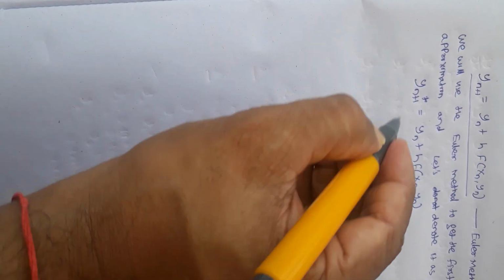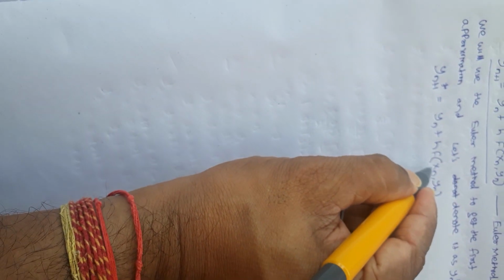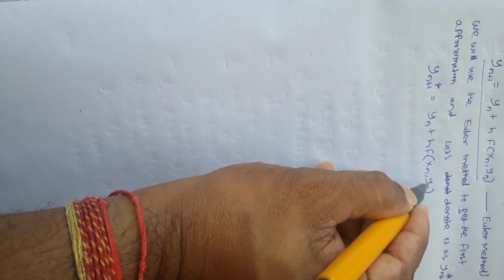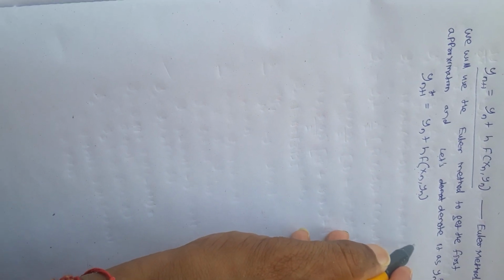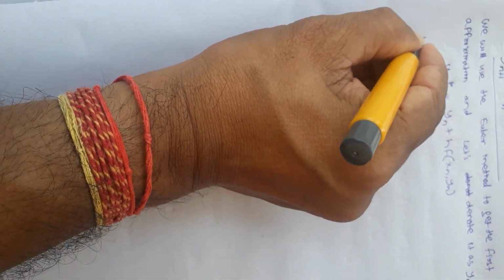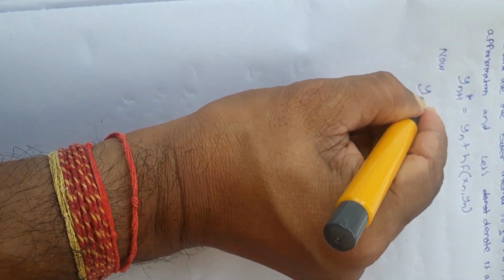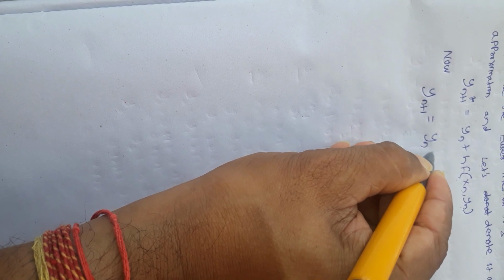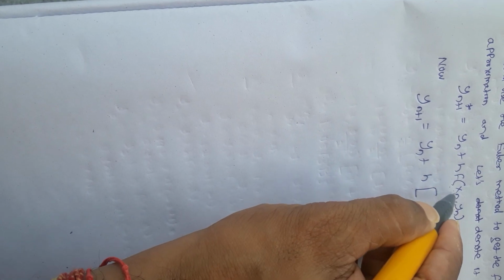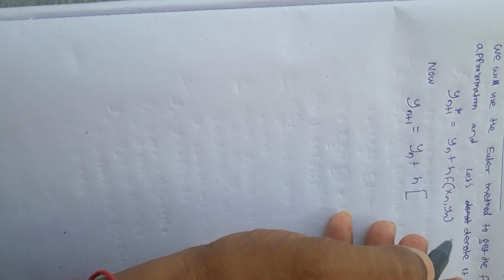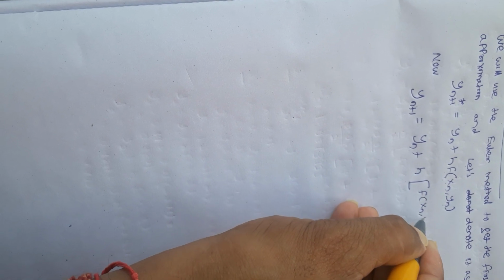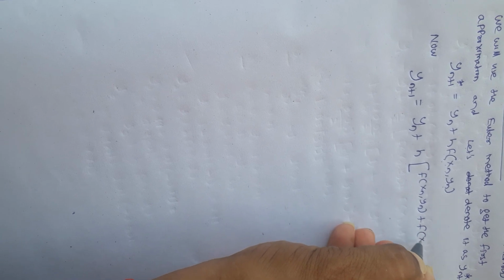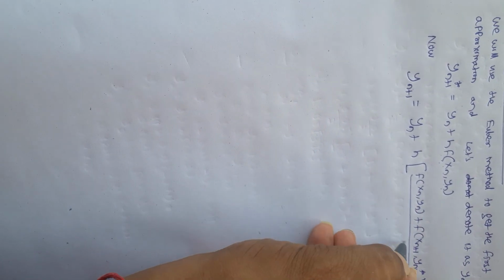So in the modified Euler method, the improved approximation, called y n plus 1, will be y n plus h into the average of f of x n, y n and f of x n plus 1, y n plus 1 star, so f of x n, y n plus f of x n plus 1, y n plus 1 star, divided by 2.